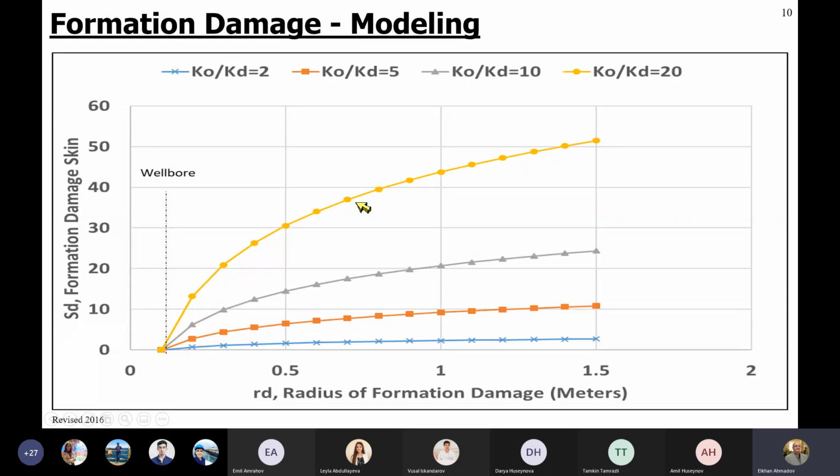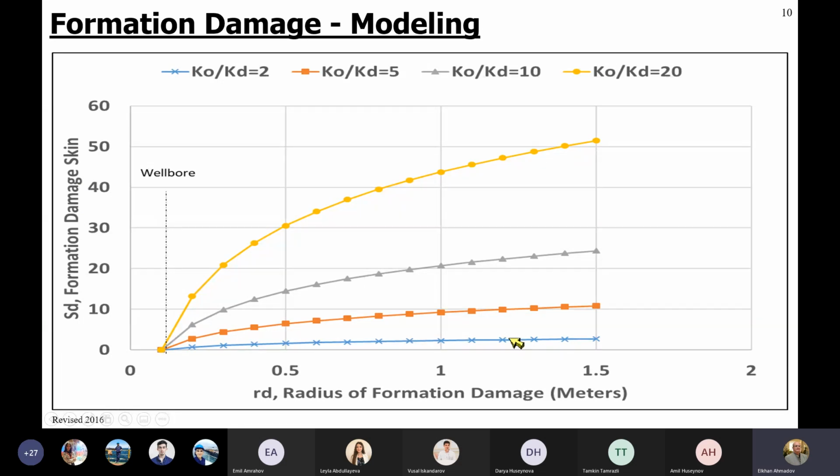So as you can see, for different ratios of K, original permeability over damaged permeability, we have skin values depending on the radius of the formation damage.